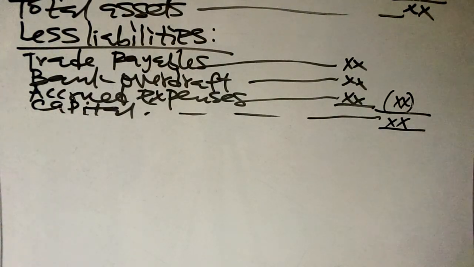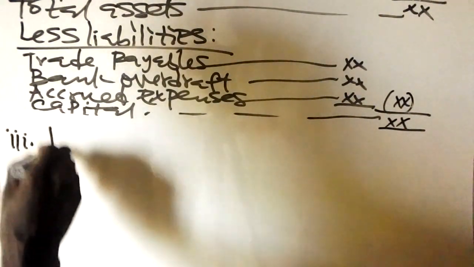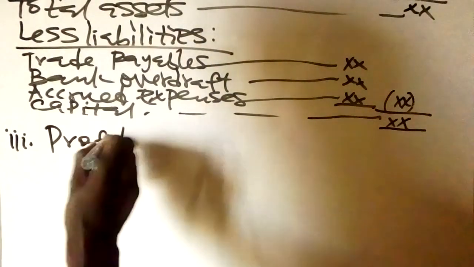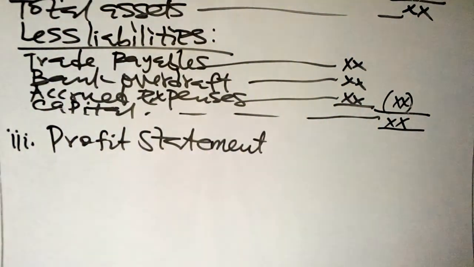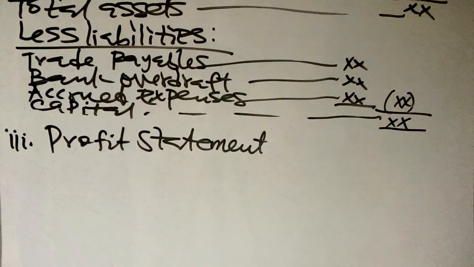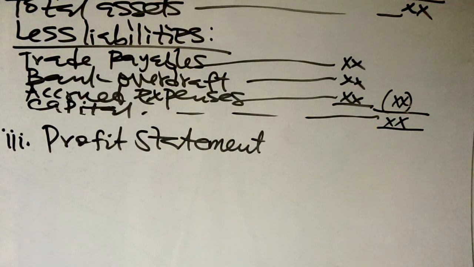Step 3, you prepare the profit statement. You prepare this to ascertain the net profit or net loss for the period. Now, what is the information that will appear under this?